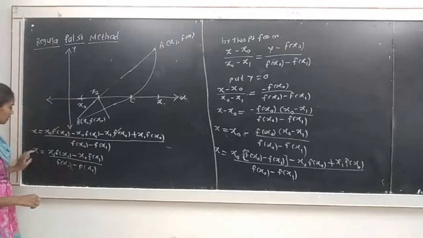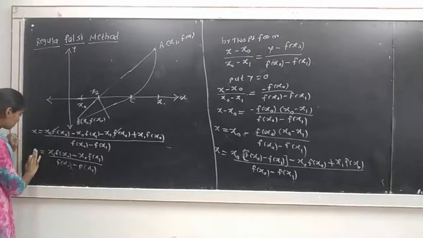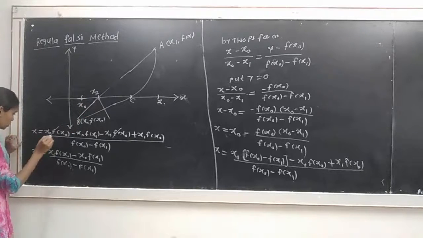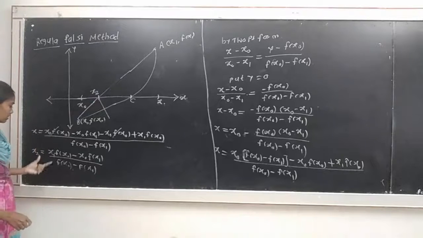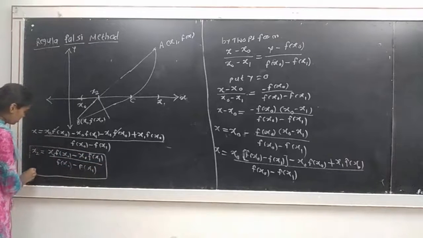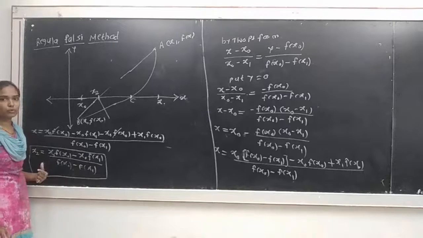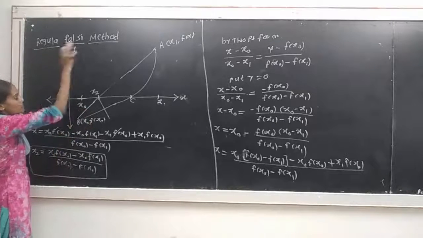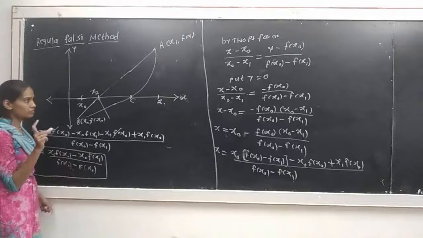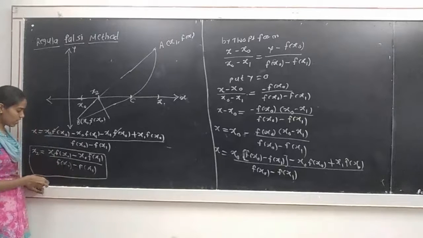Here we consider this x as the next approximation, that is x2. This is the formula for finding the approximate root by using the regula falsi method, if we know the interval where the root lies.